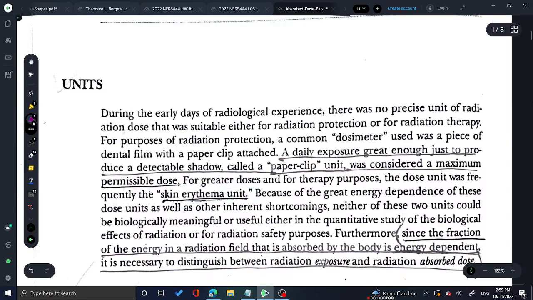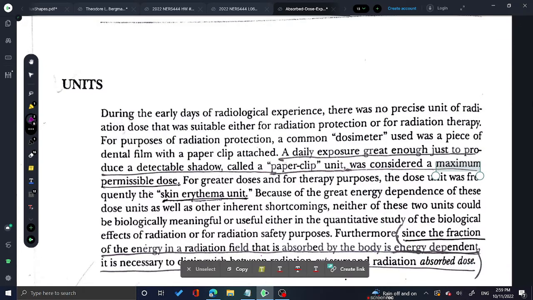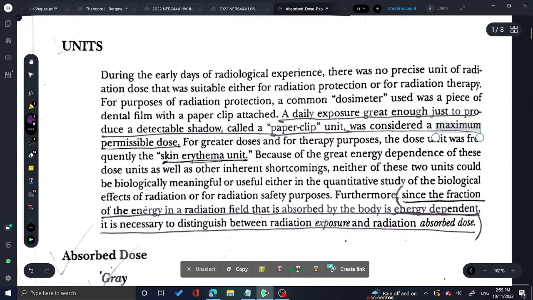Now you can ask why do we have different units for absorbed dose and for radiation exposure? The answer is, the radiation exposure your skin or tissue or organ receives doesn't necessarily mean that the full energy from the exposure will be absorbed by the organ that is being exposed. The amount of energy that is going to cause the radiation damage depends on a lot of factors.